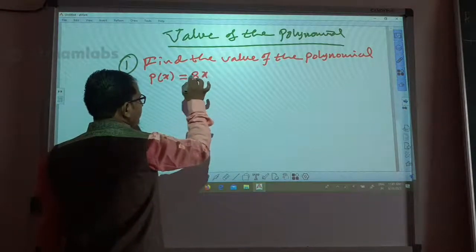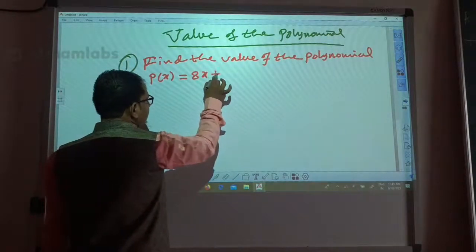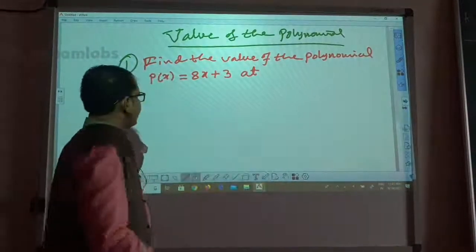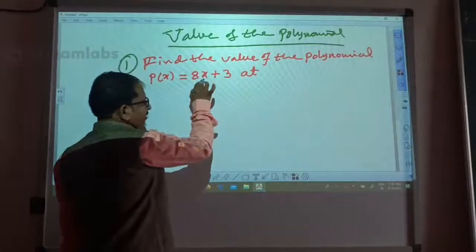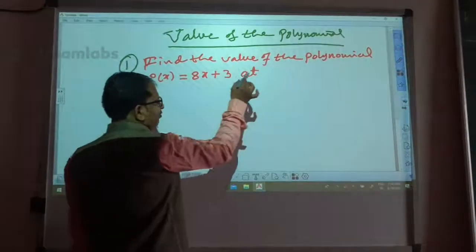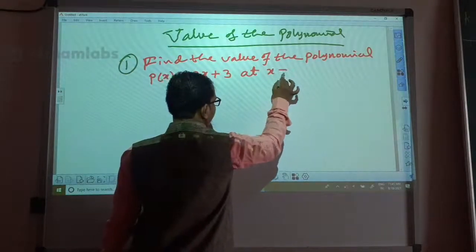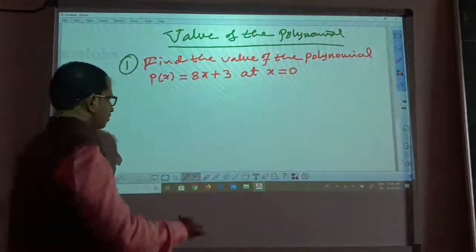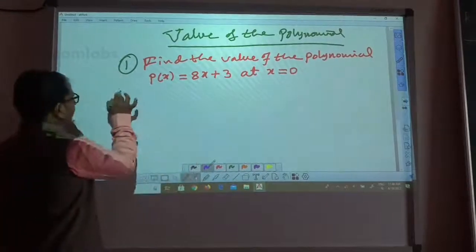I am going to take a simple problem now. They will give the value of x also. Here the variable is x, so they give the value of x. If it is y, then they will give the value of y also. Now we will solve the problem.